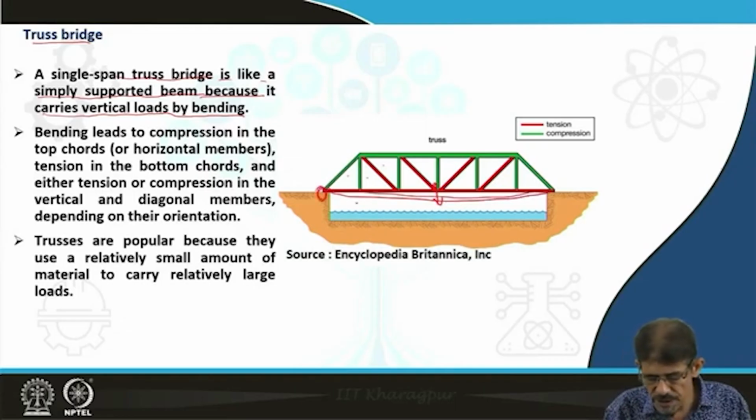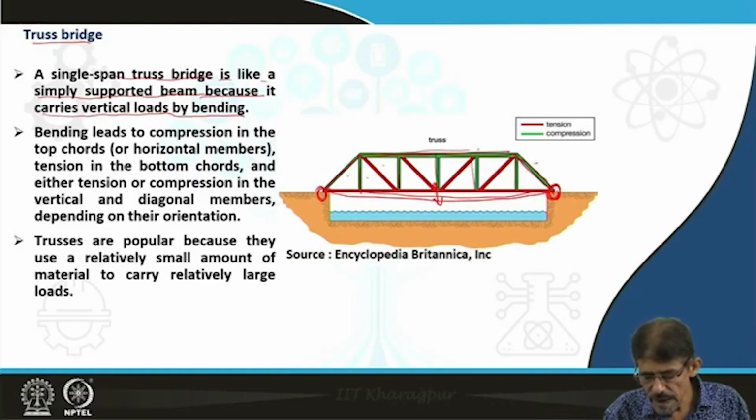The bending leads to compression in the top chord, or horizontal member, and tension in the bottom chord.